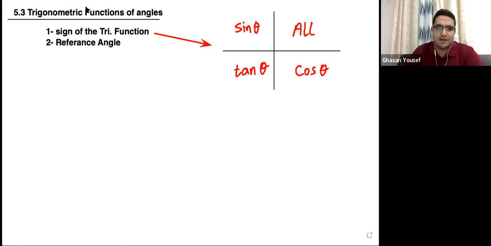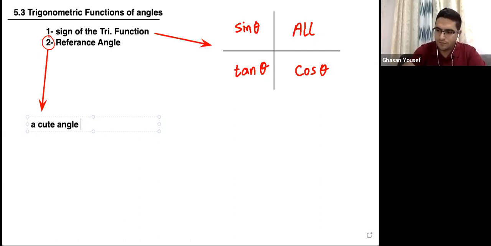So I define the second one, number two, as the acute angle formed by the terminal side and the x-axis.